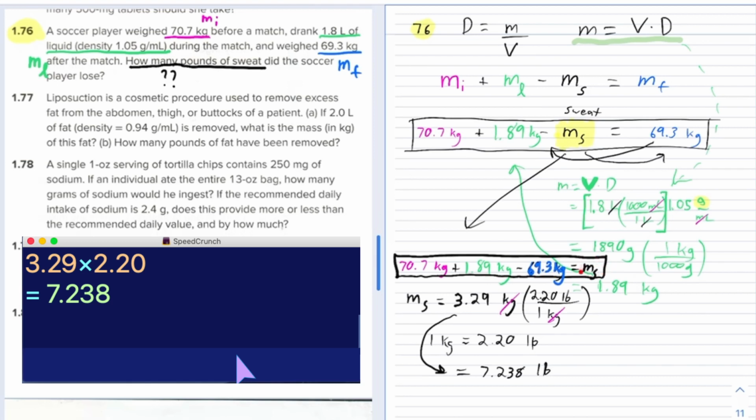So, using addition and subtraction, we're going to be limited to the 10th. So this is actually a 2 sig fig number right here. So when you convert this to pounds, you got 2 sig figs, okay, times that, which is 3 sig figs. So you're going to be left with 2 sig figs. This is going to round to 7.2. 7.2 pounds. And there you go.